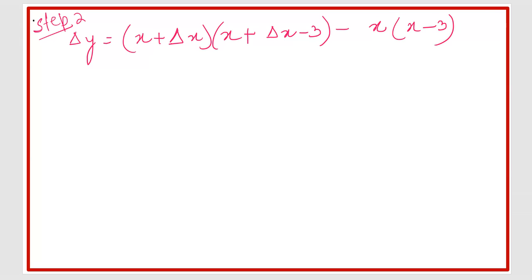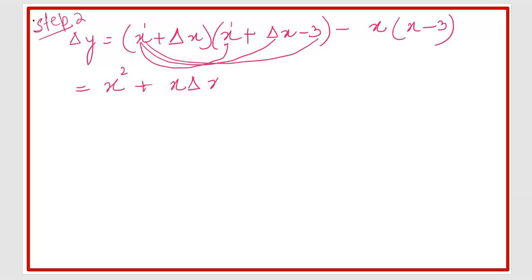One by one, first of all we will multiply the second parenthesis with this x, like this and this. So there are 3 terms. When we have the same base, its power is 1, even if it is not given, it means 1. So the powers will add. In multiplication, the powers of the same base will add. So it will be x square, then x into delta x, negative 3x.